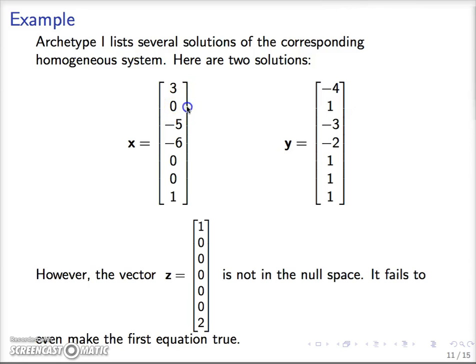Here, the second variable is 0. This vector has 7 entries, and this means that x2 here was set equal to 0, and then we have x3, x4, and x5 being set to 0, x6 being set to 0, and x7 being set to 1.